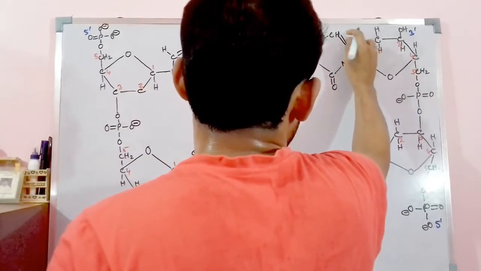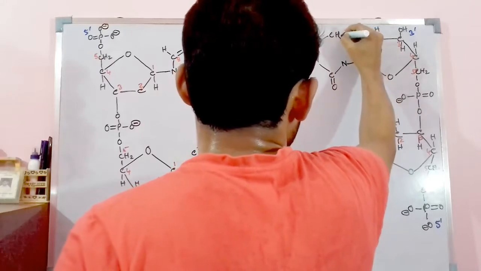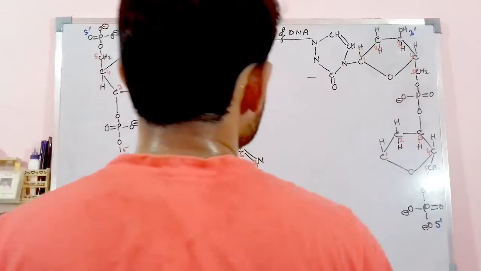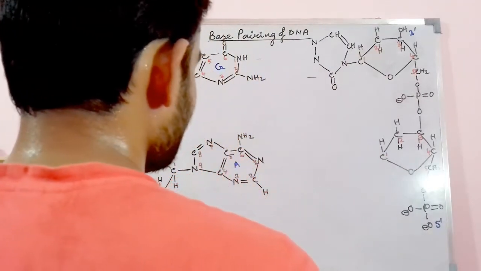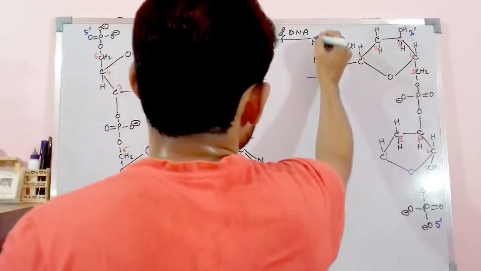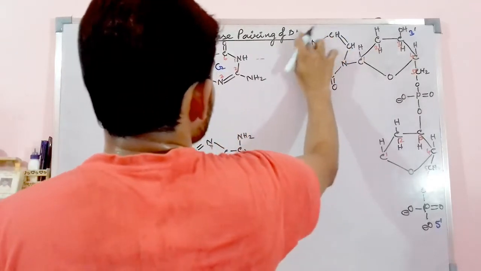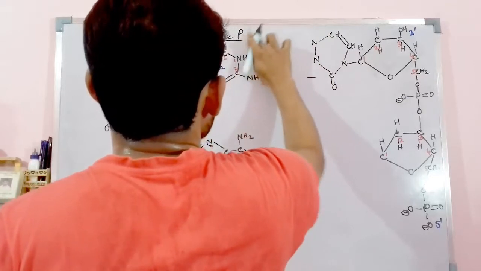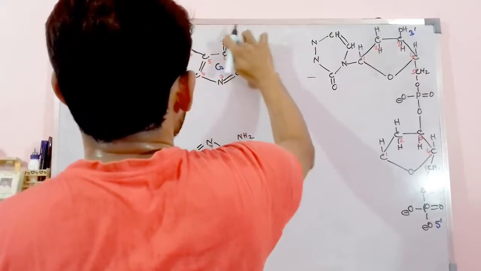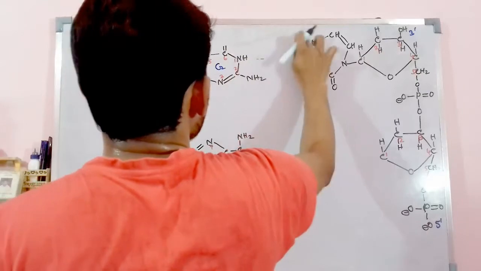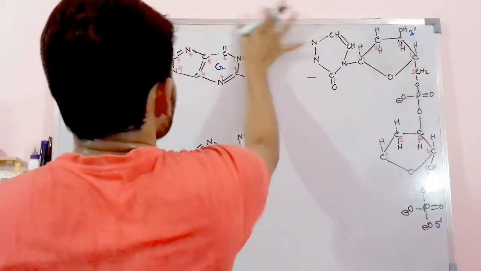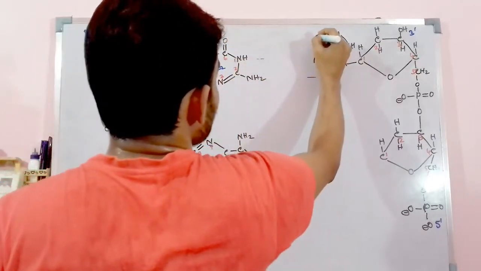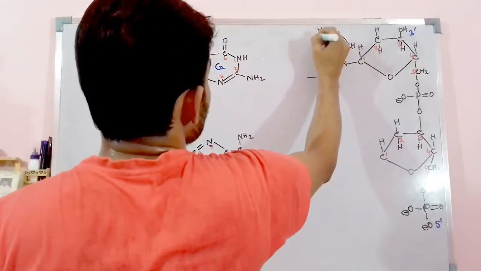That CH will form a double bond with another CH, which is again forming a bond with this nitrogen. And this nitrogen present over here is having two hydrogens.